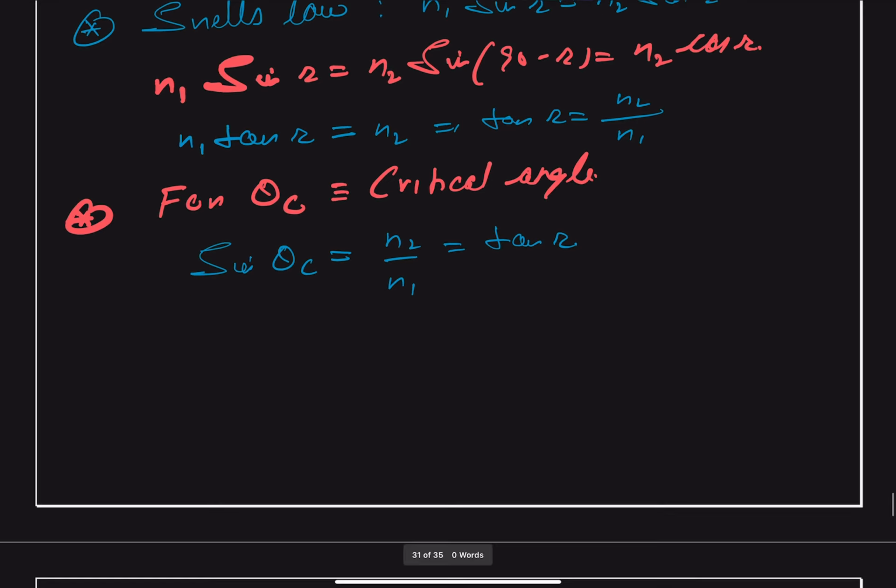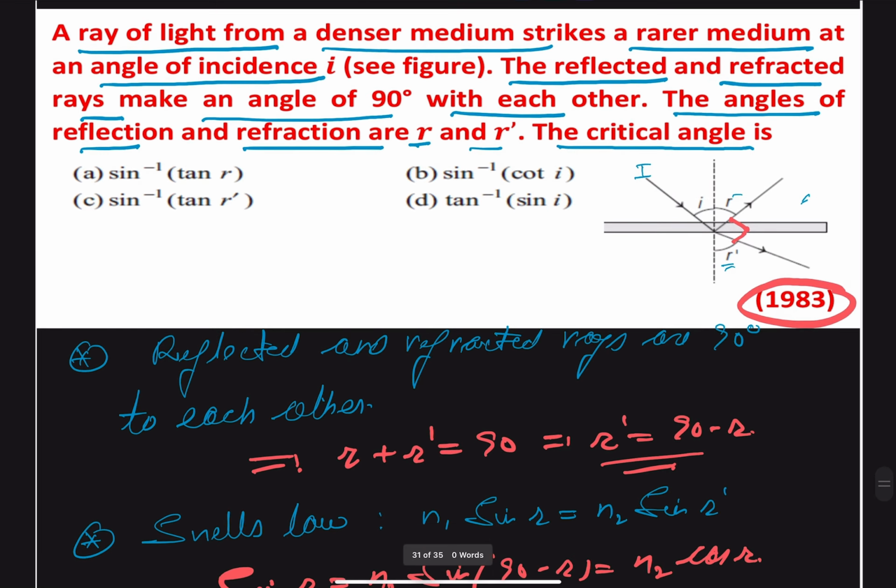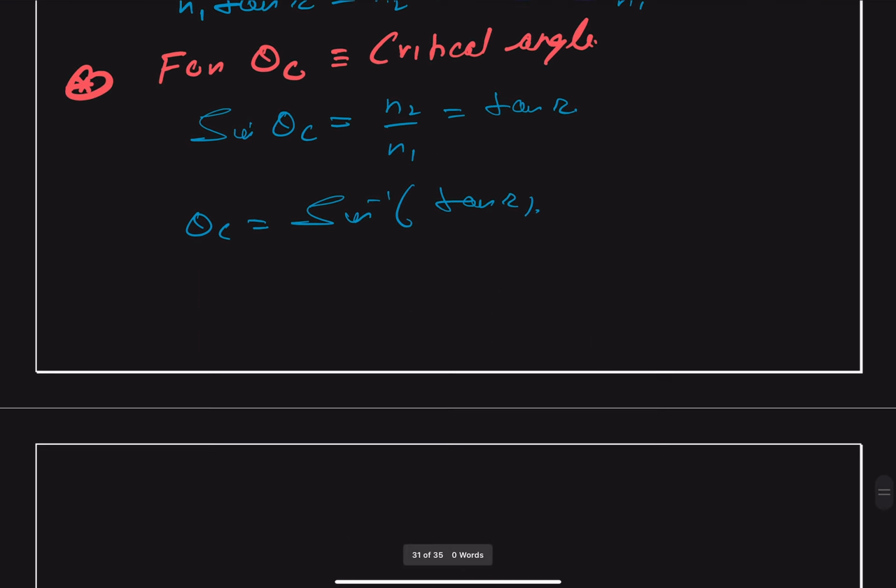So we can say that our critical angle theta c is equal to sine inverse of tangent of r, which we were supposed to find out. That is, option number A is correct.